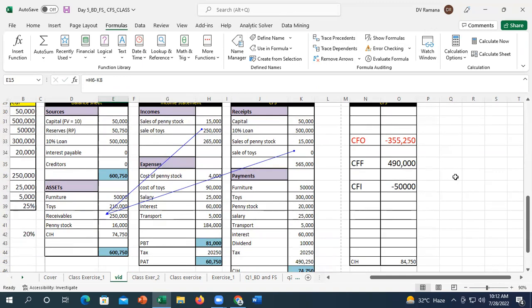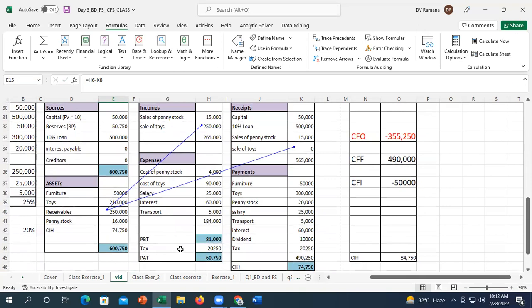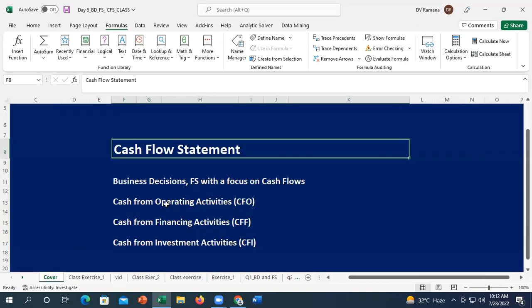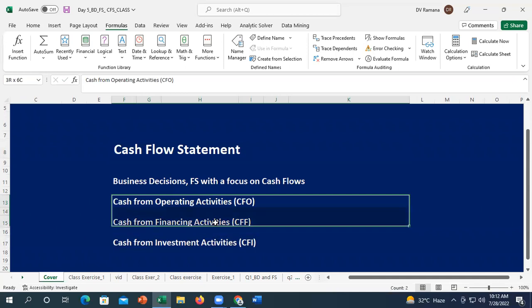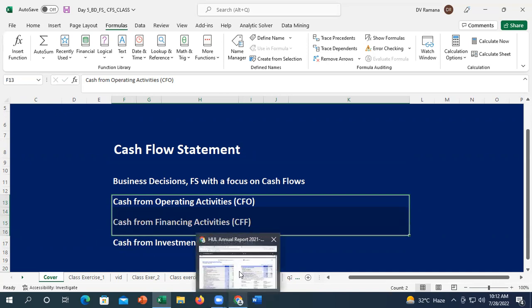So it is very, very important for us to observe both cash and the profit, and within the cash, the composition that CFO, CFF, and CFI. That is why the Ind AS is very particular that every company is bound to show the cash from operations, cash from investment, and cash from financing decision.